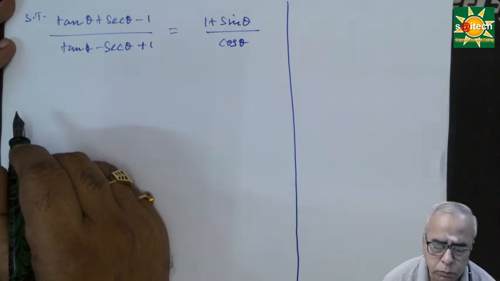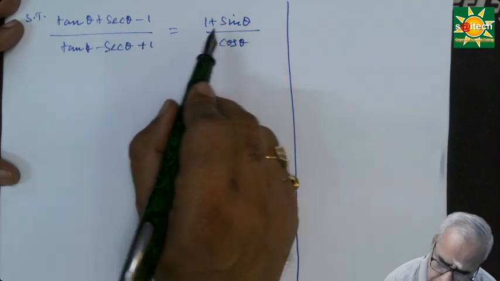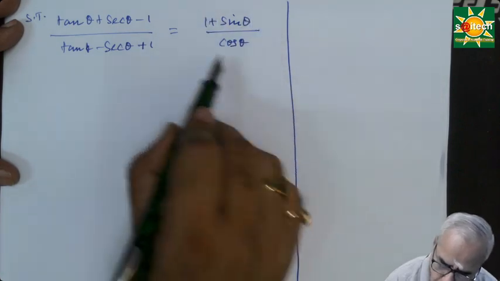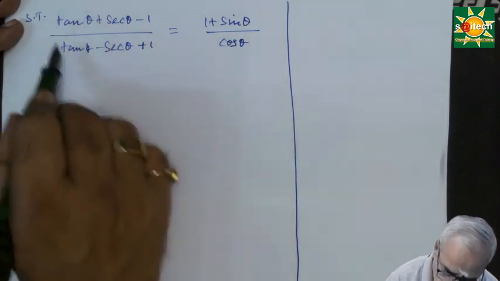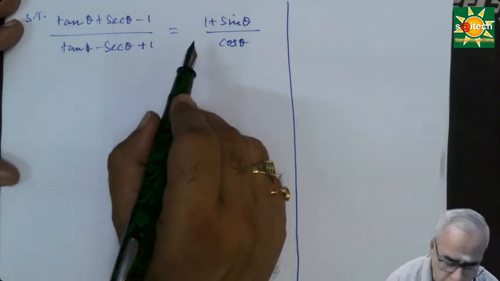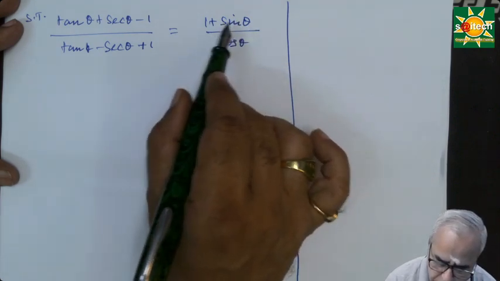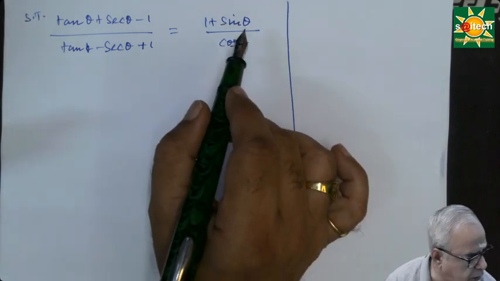Right. Now we should always try to attack the LHS so that it equates to the RHS. You just identify the trigonometric functions. On the RHS these are very simple functions, sin theta, cos theta, that's all.